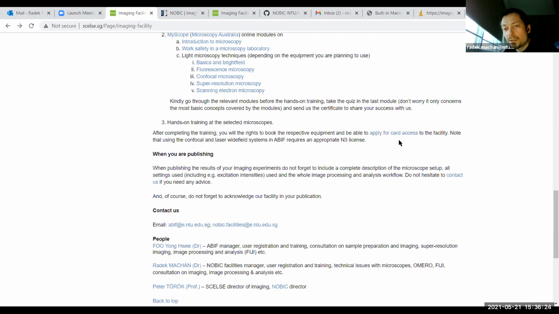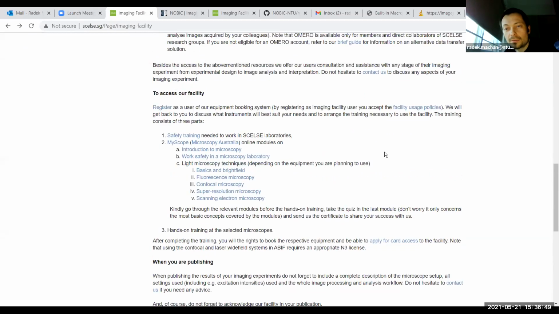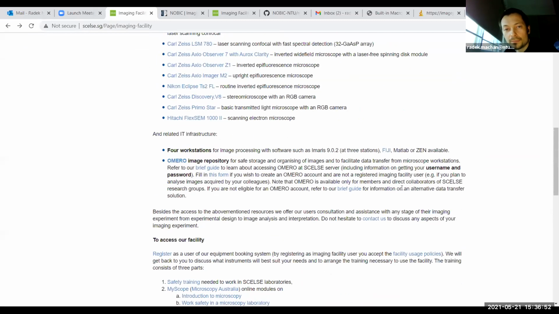If you want to become a user of the facility, you will need to get card access there. This is again a link to the form which you fill in, where you specify which door you will need to get access to.